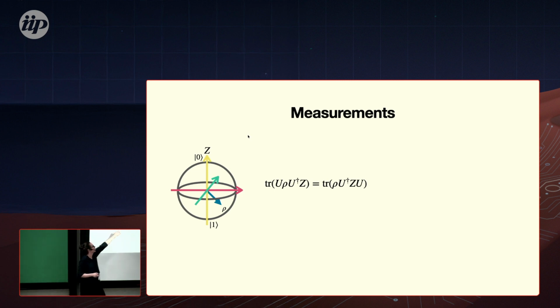So we just swapped this U around and then have a U dagger Z U term in here. And because we want to look at the expectation value with the Z matrix, we know that U dagger Z U has to be X, or for the Y measurement, U dagger Z U has to be Y.